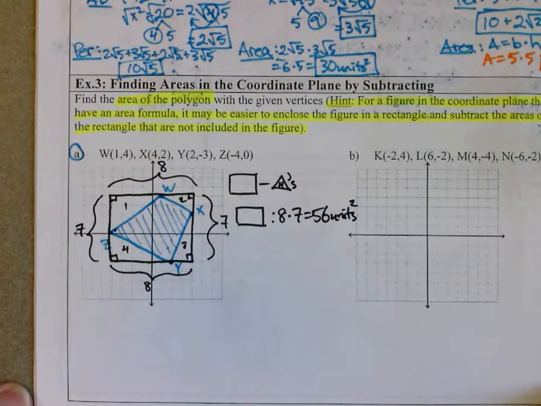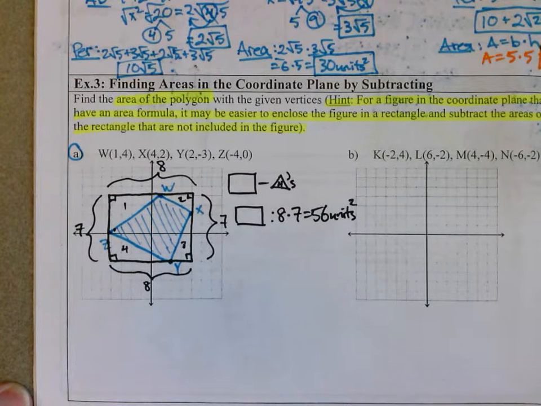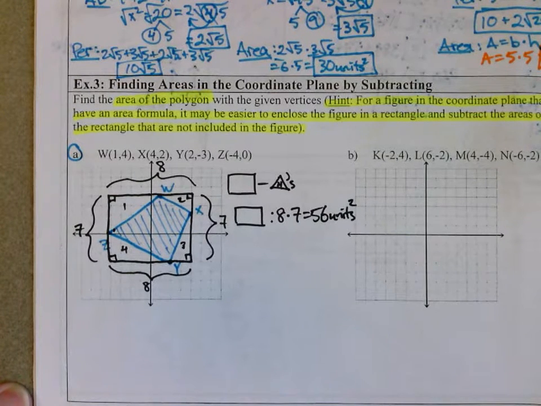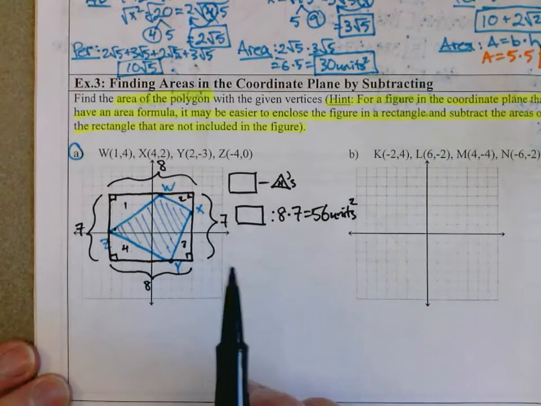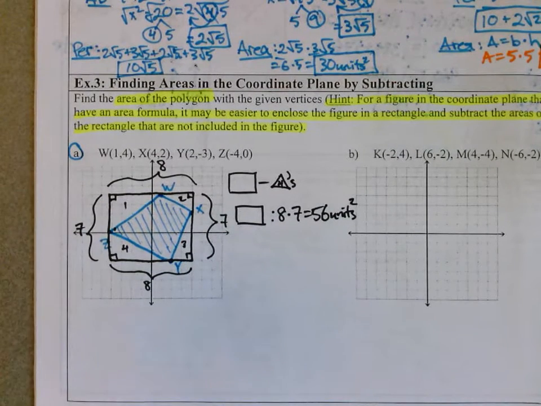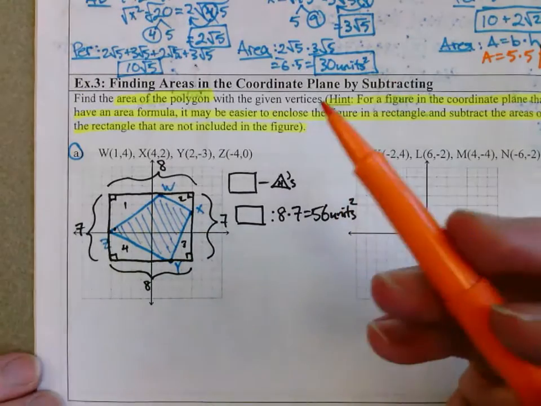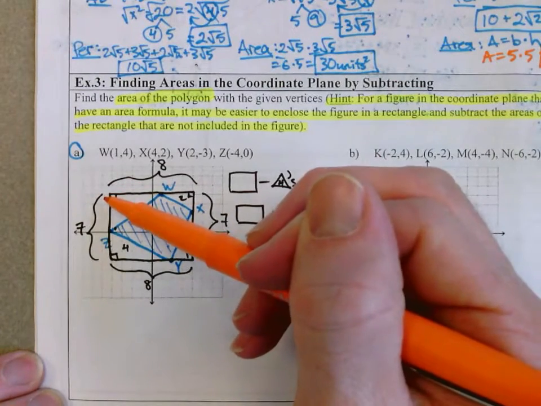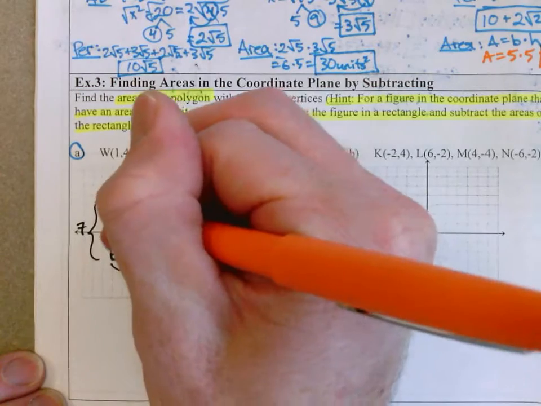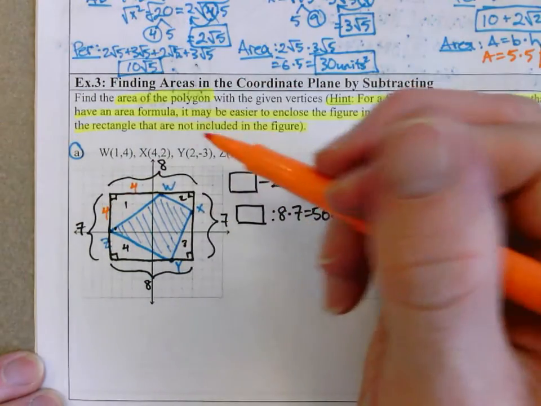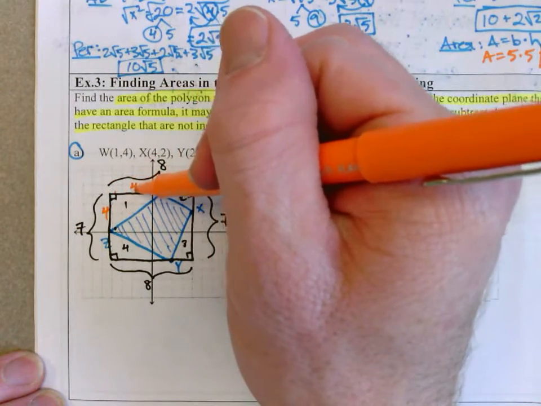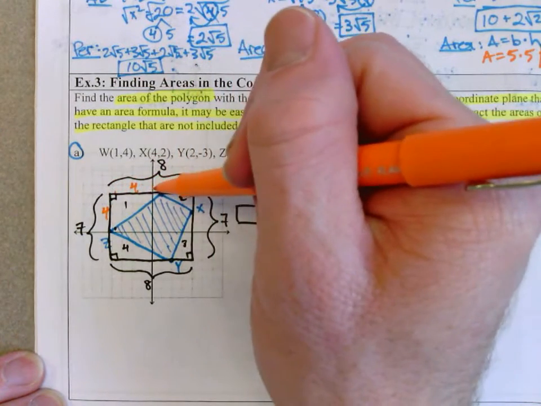These are right triangles, and the area of a triangle is base times height divided by 2. So since they're right triangles, they're actually not that bad. So I'm going to go through one by one, and I'm going to write in the coordinates of each of those triangles, and we can simply do this by counting. 1, 2, 3, 4. 1, 2, 3, 4. Now for triangle 2, 1, 2, 3, 4, and 5.